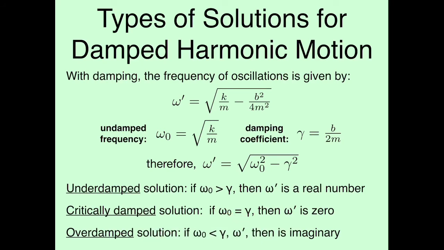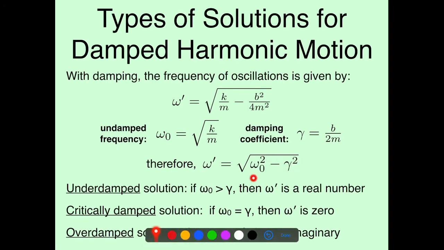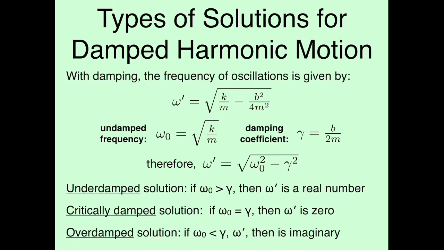Now, we can also imagine a case where gamma is bigger than omega naught. So think about that. We're subtracting these two numbers, and if the second one is bigger, then overall we get a negative number under the square root. When you have a negative number under the square root, that's called an imaginary number.